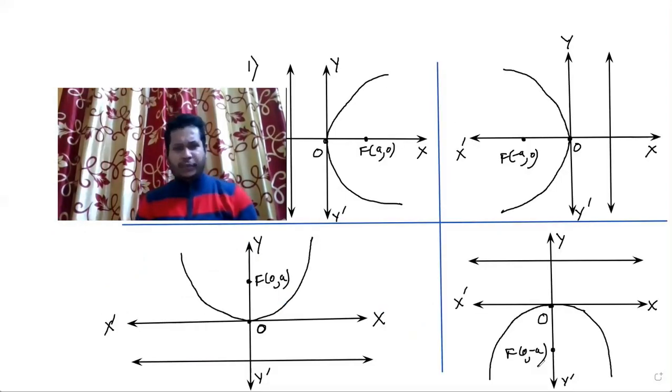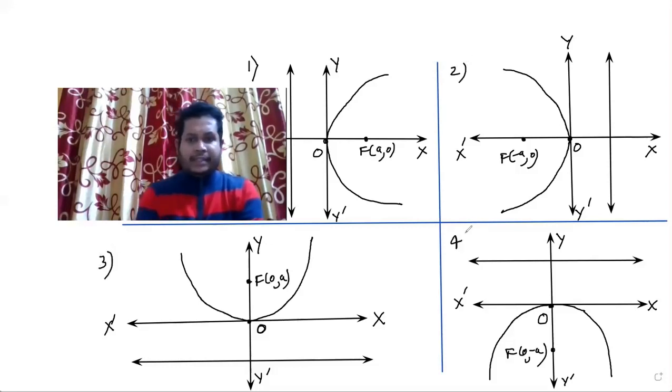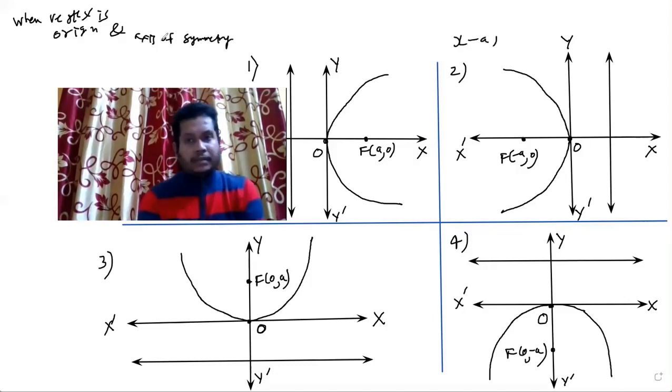Now let's start with the 4 different situations of parabolas that we might face. But before starting with these 4 forms, let me tell you that, this is very important to know, these 4 forms we are discussing are for when the vertex is at the origin and the axis of symmetry is either the x-axis or the y-axis. So these 4 situations that we are discussing right now are specific cases.